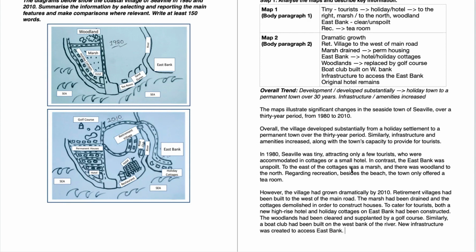And now just to close, we are going to talk about the original hotel, and this is something that is different from all of these changes. So I'm going to say, on the other hand, the town had preserved the original hotel. And that is our essay.